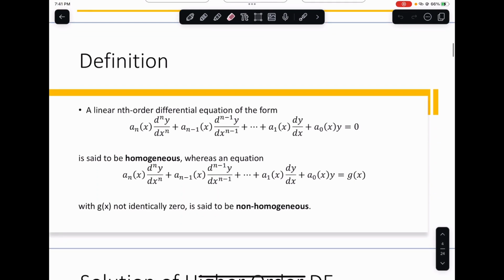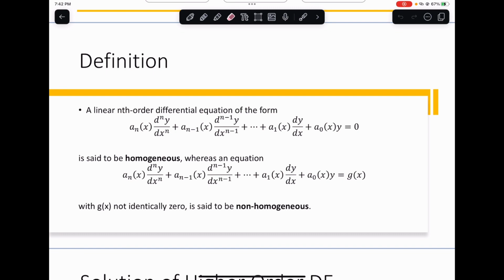To start with, let's define first how we differentiate a homogeneous equation from a non-homogeneous equation. Following its definition, a linear nth order differential equation of the given form, a sub n of x multiplied with the nth derivative of y with respect to x, up to a sub 0 of x multiplied with y, is equal to 0, is said to be homogeneous.